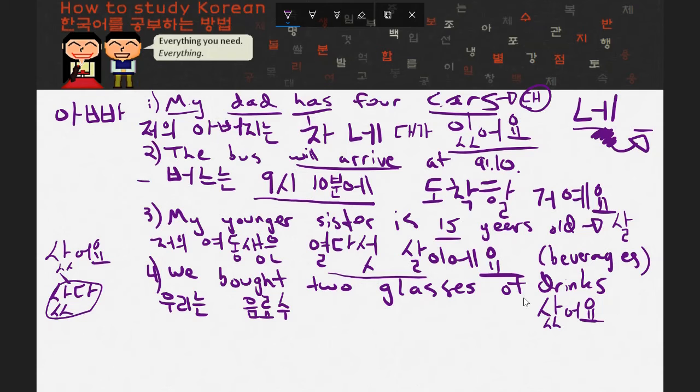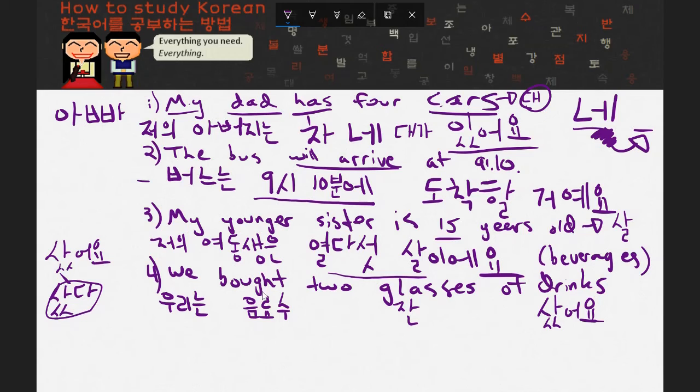We bought 2 glasses of beverages. Up here in the first sentence, we saw that I had to use this counter day to indicate that we're counting cars, and we had to use the counter here 살 to indicate that we're counting years of age. But if I'm counting glasses, I want to use the counter 잔. Now, how many glasses did we buy? Well, we bought 2 glasses.